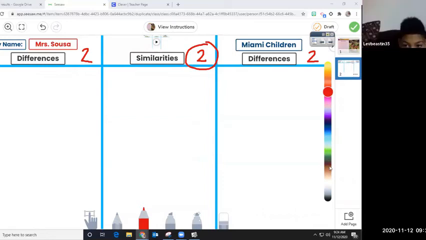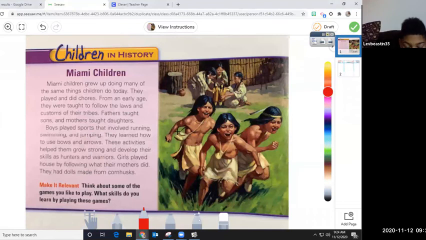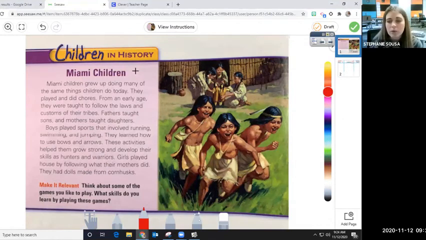All right, so let's take a look at slide 1. Children in history. Go ahead and follow along with me as we read this together. As we read, I want you to think about ways that this is the same as your life and ways this is different from your life, okay? Miami children. Miami children grew up doing many of the same things children do today. They played and did chores.